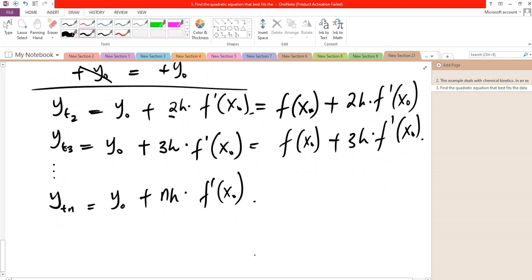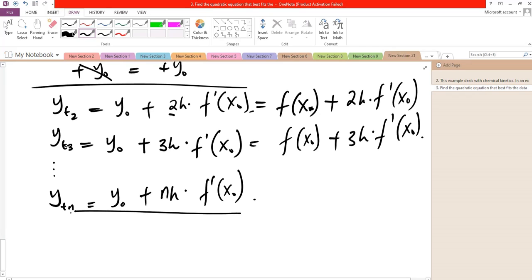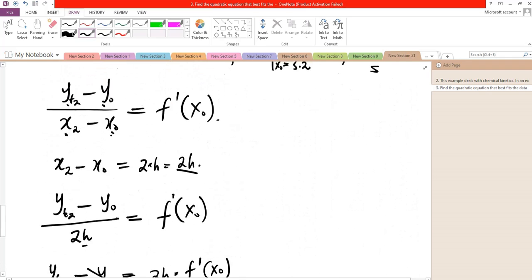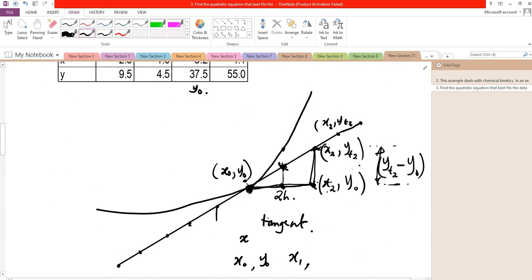So this is the deduction. From deduction, that is what I got. Now if we're looking at the backward step, it will just be the same thing.